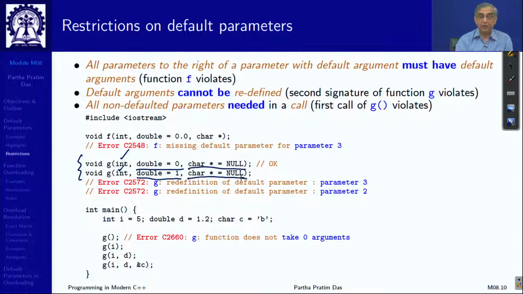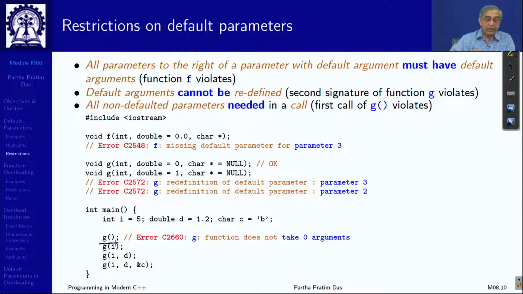In fact, this also is not allowed. It will say that you have already provided a default value, you cannot redefine that. That will not be accepted in the compilation, because you do not know which of these headers will be used in compiling which invocation of the function in what file, and therefore, there may be confusion. And naturally, while you call, all non-default parameters must be provided, and only the default parameters can be skipped.